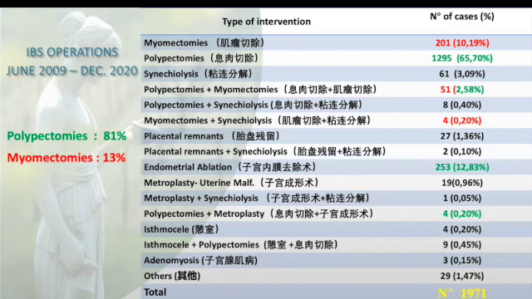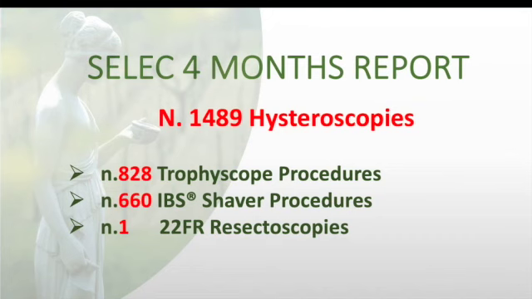So this means that we shouldn't abandon the bipolar resectoscope, but of course we should limit its use, because the shaver is much safer. According to our report of 4 months of work in Shanghai, because we opened the center in August, we did about 828 cases of purely diagnostic hysteroscopy without anesthesia, which includes some office procedures, small polyps that could be treated with the trophyscope, and 660 procedures with the shaver technique.